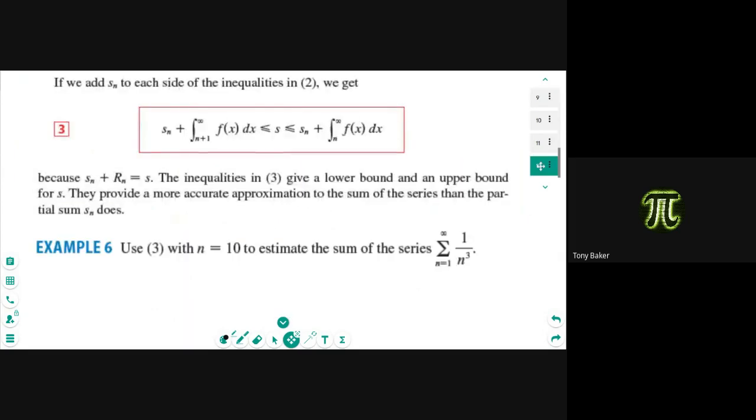If I add the sum that I got for the first 10 terms to both sides, I can get a range of where my actual value is. Which could be helpful.